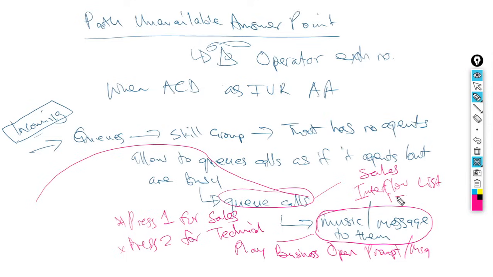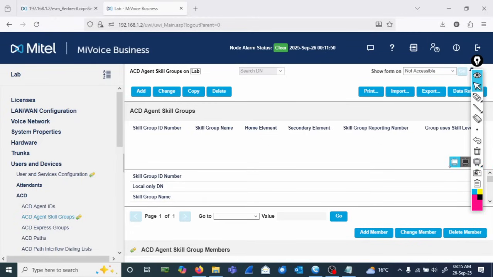That is 1 assigned to sales and 2 assigned to technical. Let us carry on, and then I will explain further as we move on with the configuration.